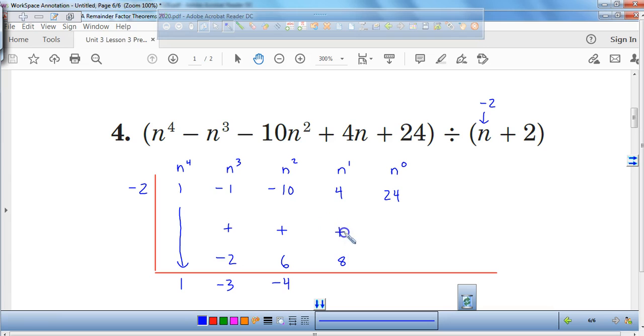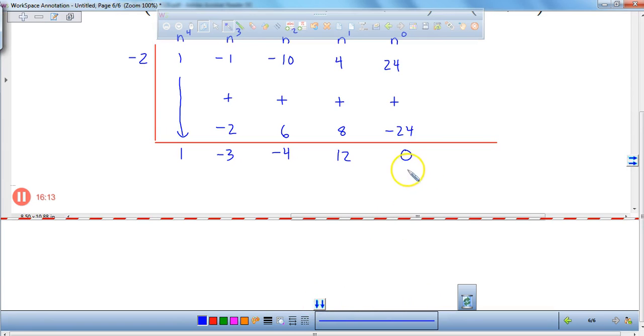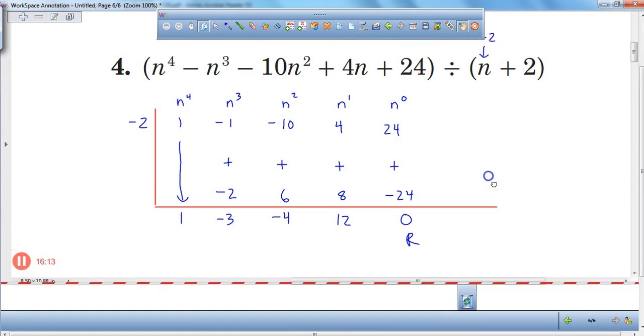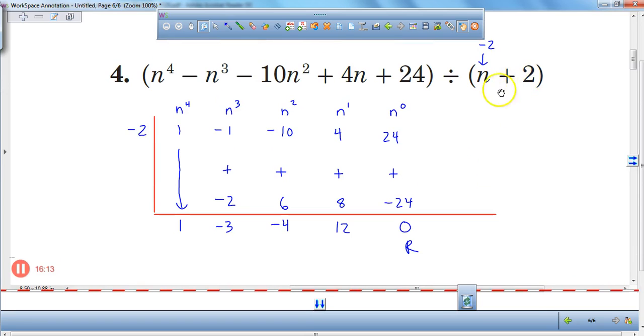Add them. And negative 2 times 12 is negative 24. Add them together. Sweetness. This is a factor because my remainder is 0. That's awesome. If we have a remainder of 0, we know this is a linear factor.